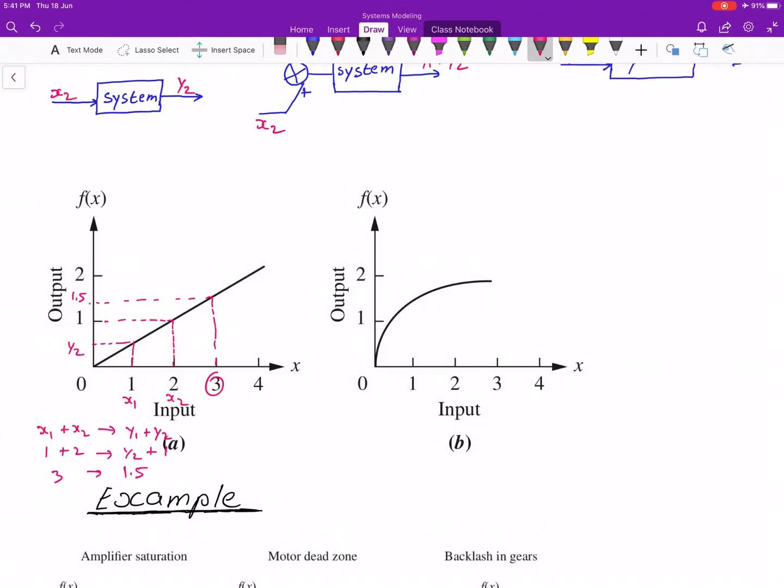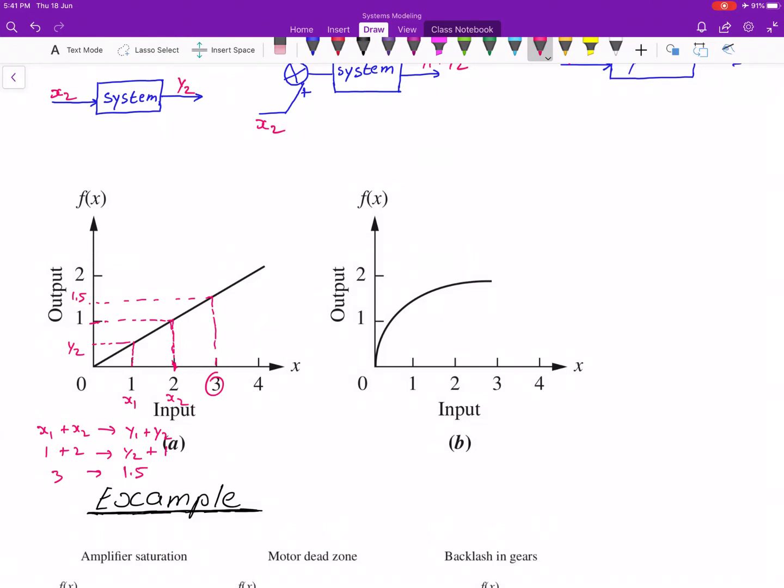What about homogeneity? If our input is 2, then we know that our output is 1. With homogeneity, what we want is to scale.